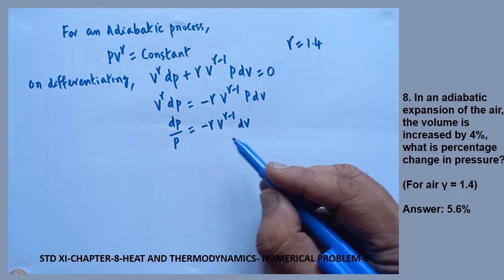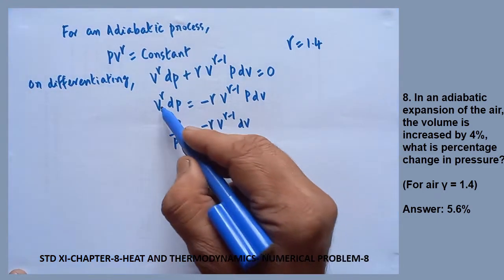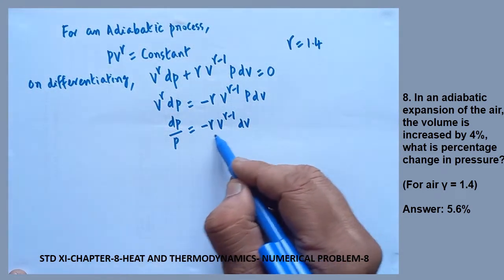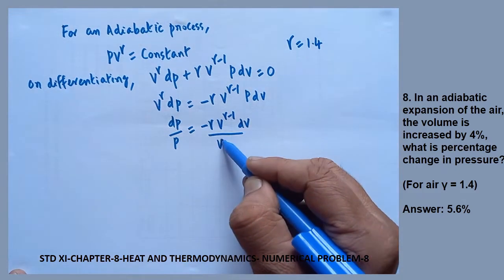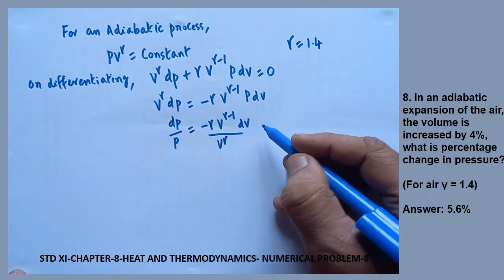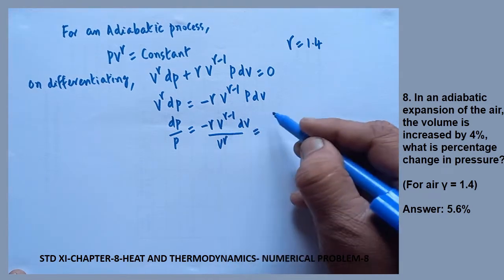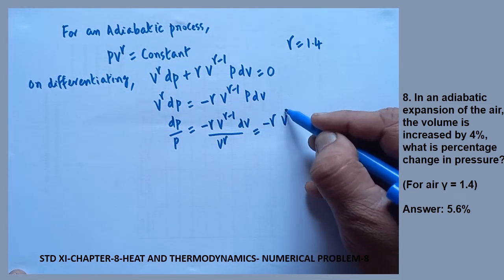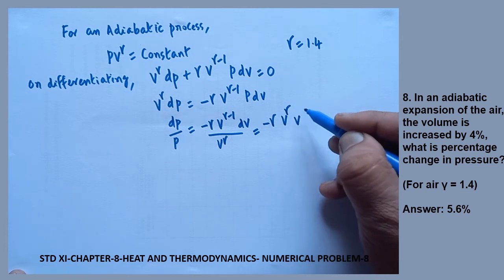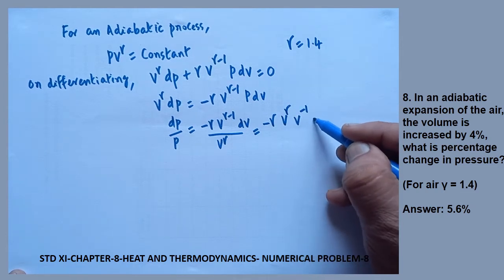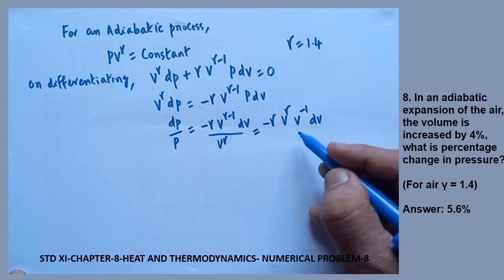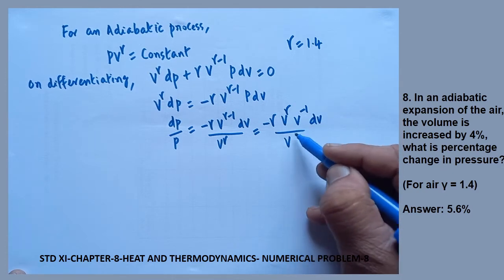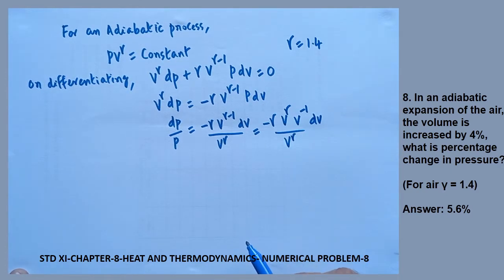And here one V gamma is there, that V gamma can be brought down here. Now this one could be split into two parts, minus gamma V gamma V power of minus 1 dV divided by V gamma. In that format we can write.